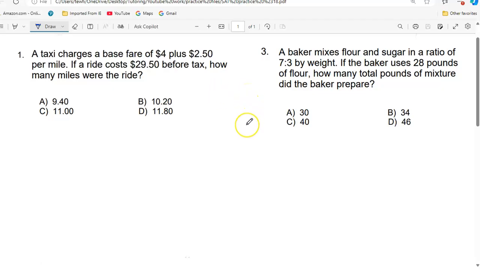Alright, so the total charge is equal to the base fare, which is $4, plus $2.50 multiplied by the number of miles.